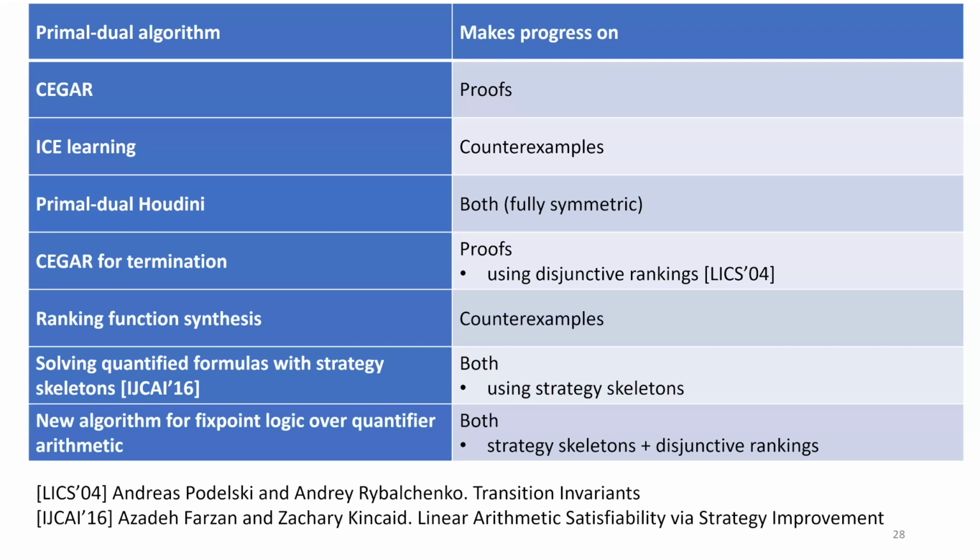It has 3 values, and the proof that it's well defined is a little tricky. We also have Lagrangians for termination with disjunctive rankings, and I don't know, Andreas, if you ever thought of it like this, but from this perspective, you see that the disjunctive rankings are a way to make progress and accumulate knowledge on the proof side for termination, because it lets you accumulate the ranking functions and use a set of ranking functions.